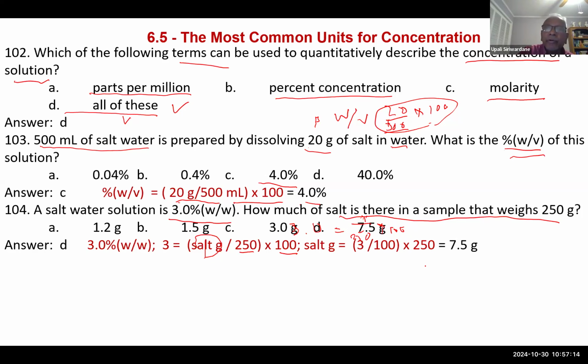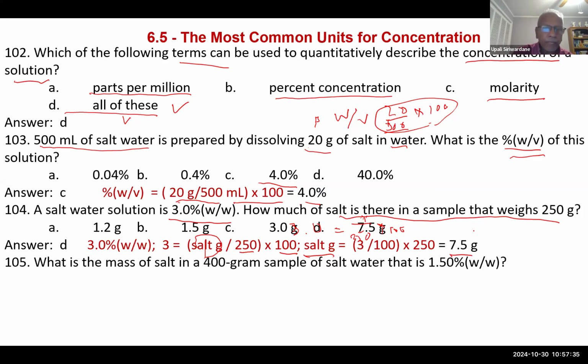So you solve for X, the unknown salt, and you get 7.5. So it's basically working out the equation. You get the answer D.